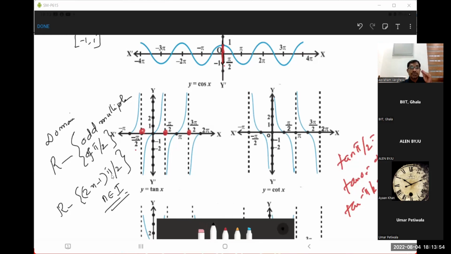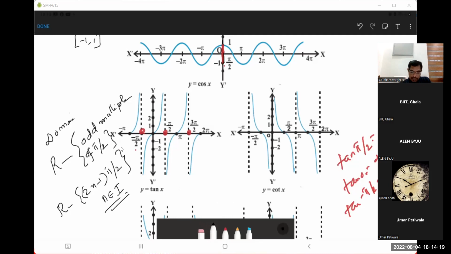N equal to 3, 5 pi by 2, etc. When you put n equal to 0, I'll get minus pi by 2. N equal to minus 1, I'll get minus 3 pi by 2, etc. So all real numbers except the odd multiples of pi by 2 will be the domain. Is it clear?